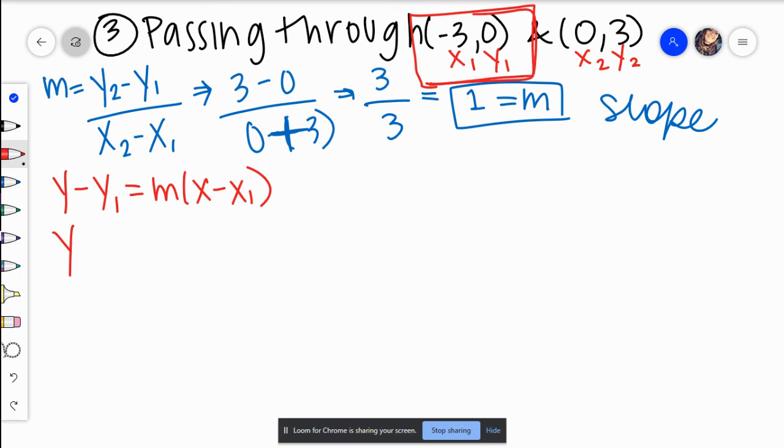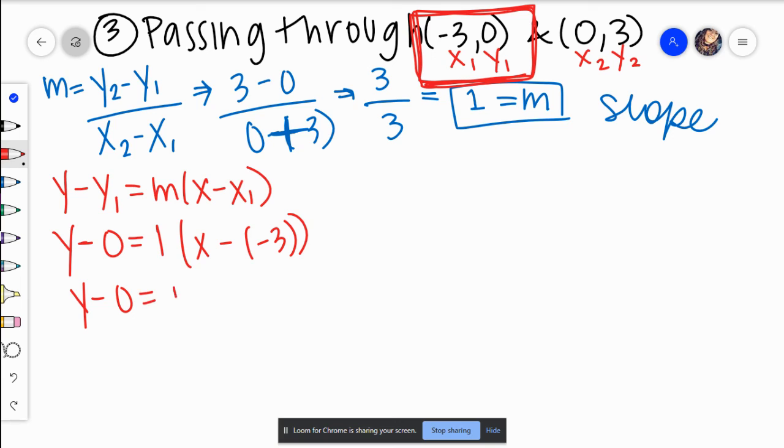So, of course, I would probably want to pick this one just to keep there from being any confusion. They're already labeled x sub 1 and y sub 1. So those are the ones I'm picking. We get y minus 0 equals, my slope is 1 times x minus a -3. Y minus 0 equals 1 times x plus 3. This is the point slope form.